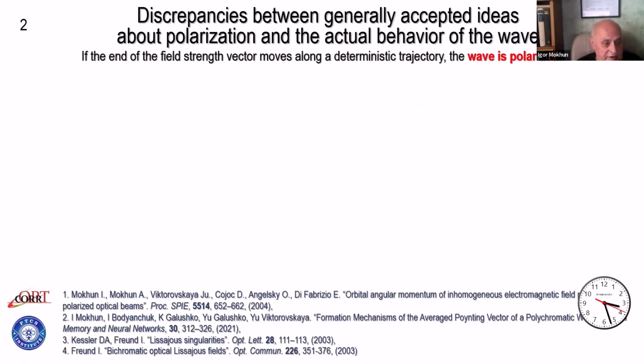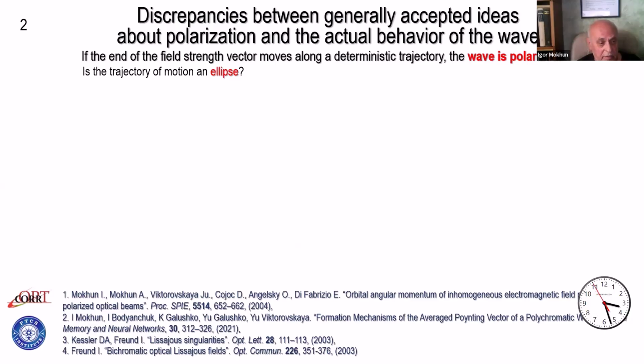We will demonstrate that our reasoning is at least somewhat valid using the example of such a phenomenon as polarization. In the most general sense, the essence of wave polarization is that the end of the field strength vector moves along a deterministic trajectory in time. It's well known that for a coherent wave, this is an ellipse.